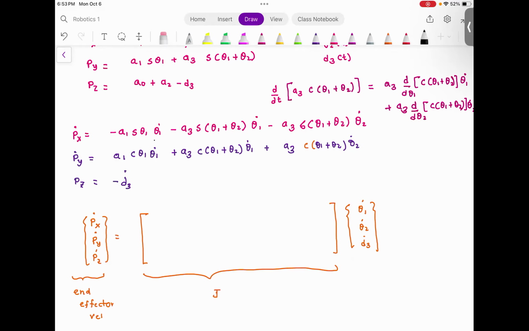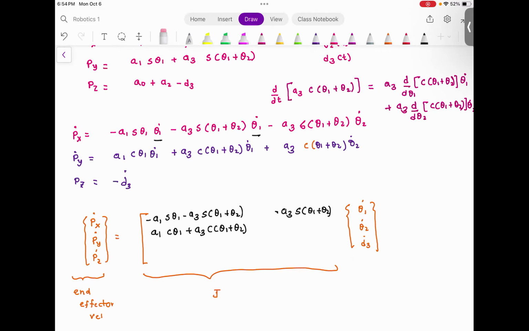So how do I write the Jacobian? For theta 1 dot, this will become minus A1 sine theta 1 minus A3 sine of theta 1 plus theta 2. This will become A1 cosine theta 1 plus A3 cosine of theta 1 plus theta 2. And this guy, actually I made a mistake.